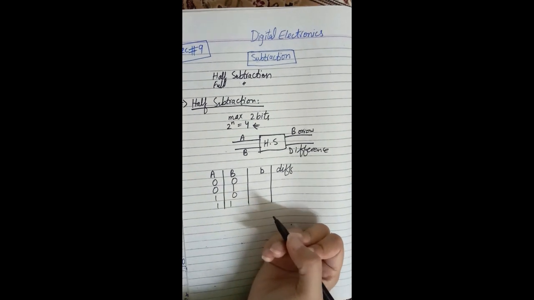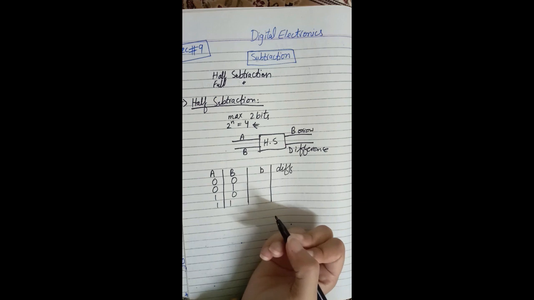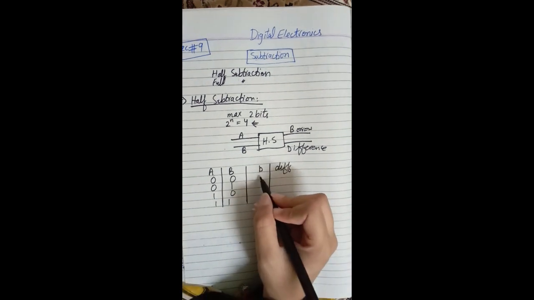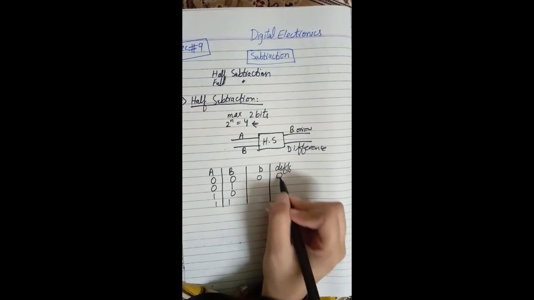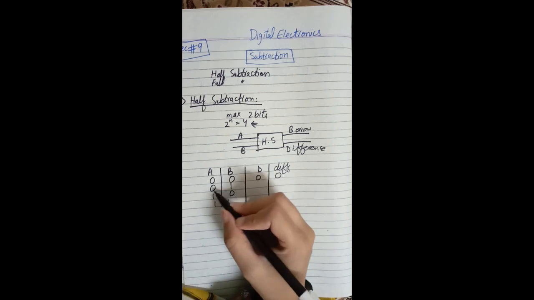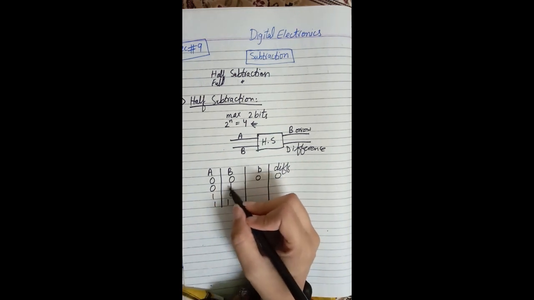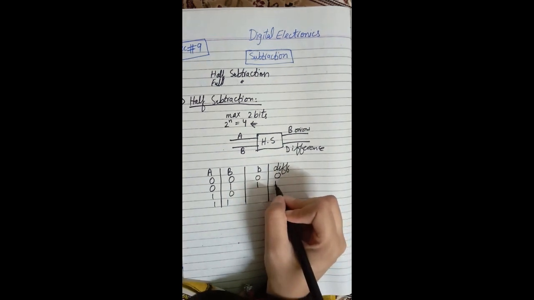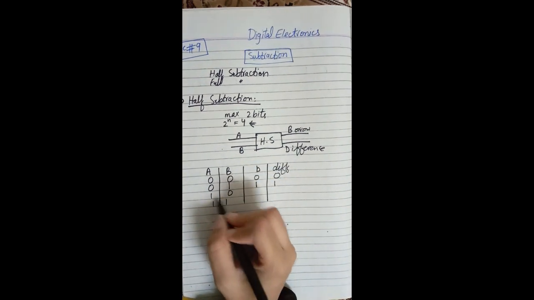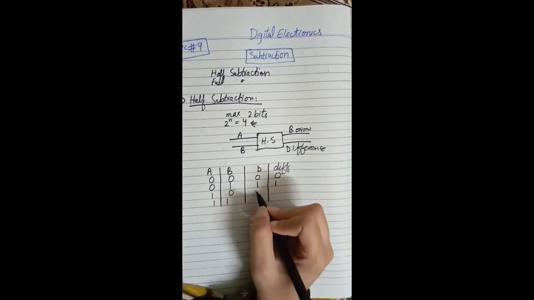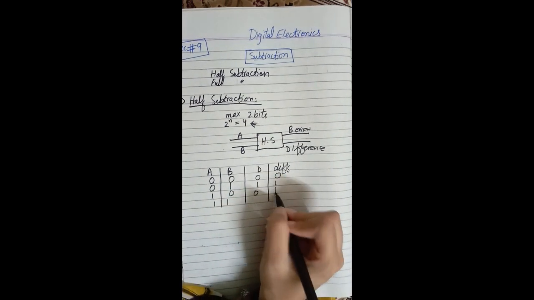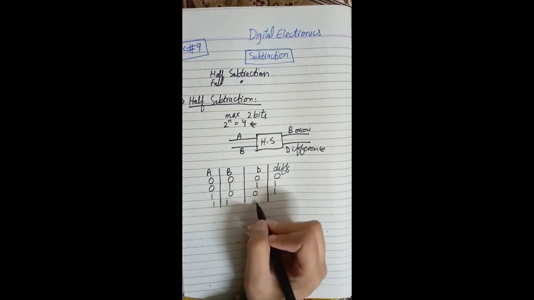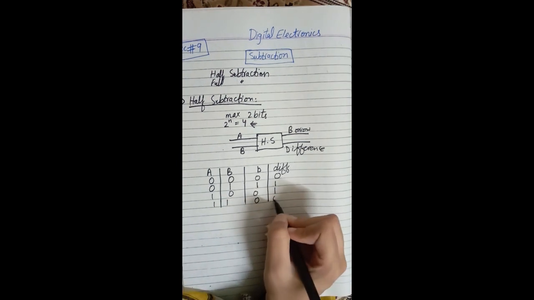When we subtract 0 from 0, we have 0 borrow and 0 difference. For 0 minus 1, we have to take a borrow of 1 and the difference will be 1. For 1 minus 0, the borrow is 0 but the difference is 1. And for 1 minus 1, we have 0 borrow and 0 difference.